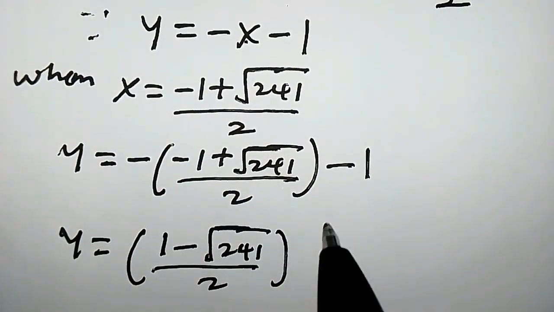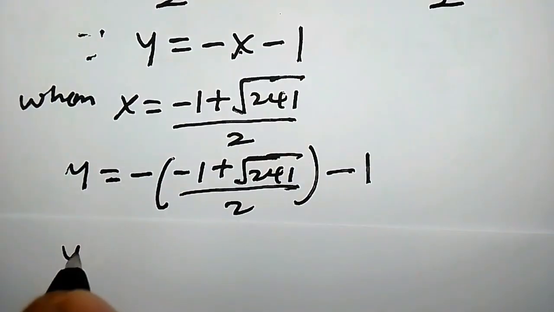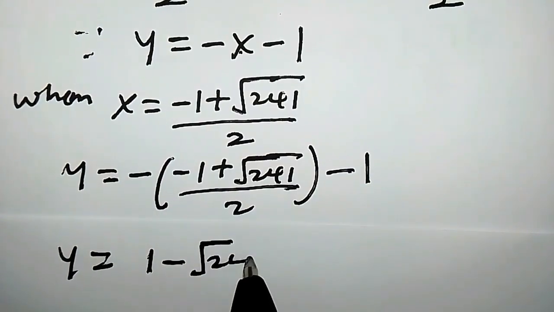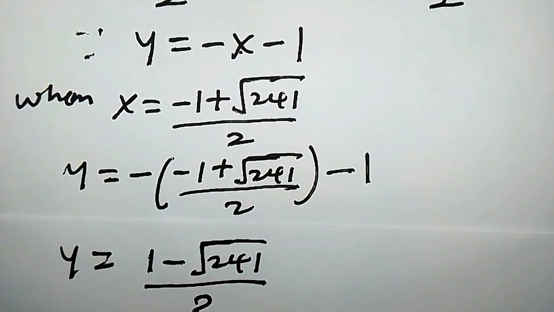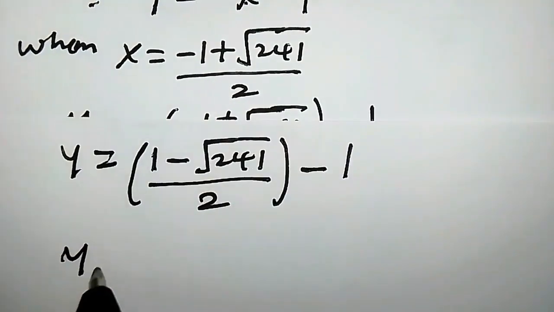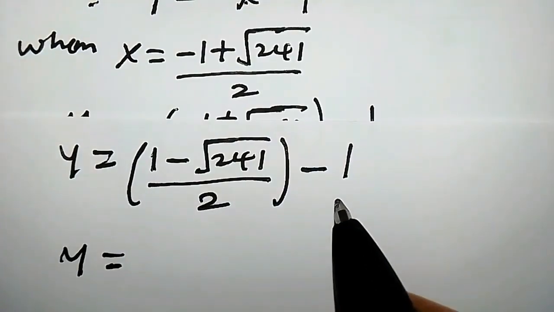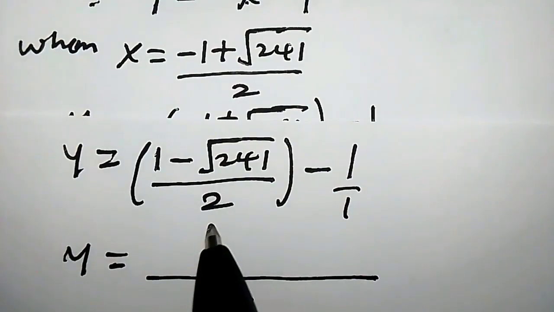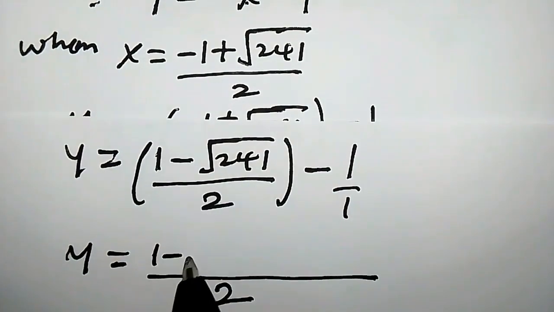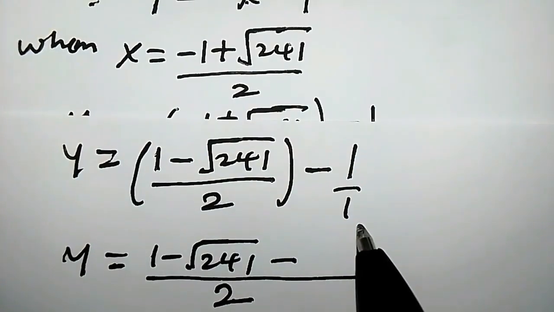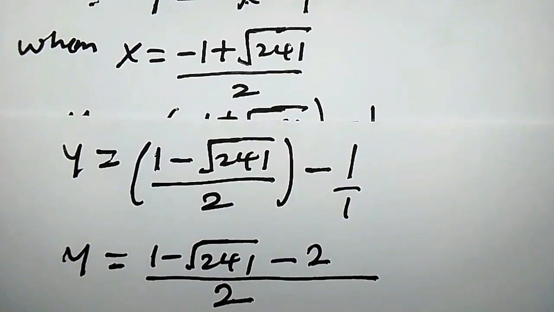y is equal to minus times minus 1, that is 1, minus times plus, that is minus root 241 divided by 2. Let's put it in brackets, minus 1. y is equal to, the LCM here is 2, so that will be 2 over 2, that is 1. 1 times this numerator, we have 1 minus root 241 minus 2, divided by 1 times 2, that is simply 2.